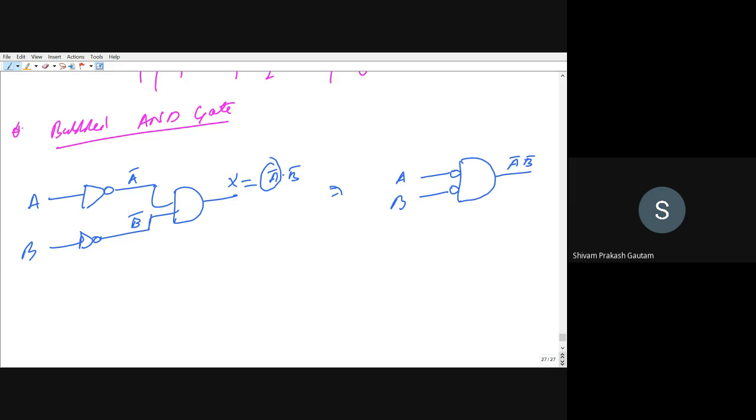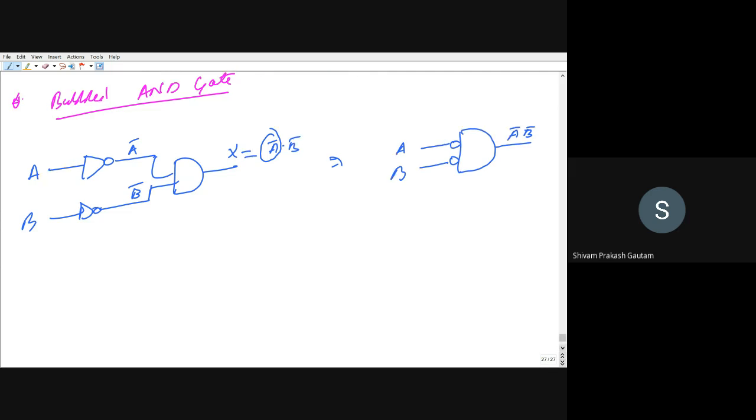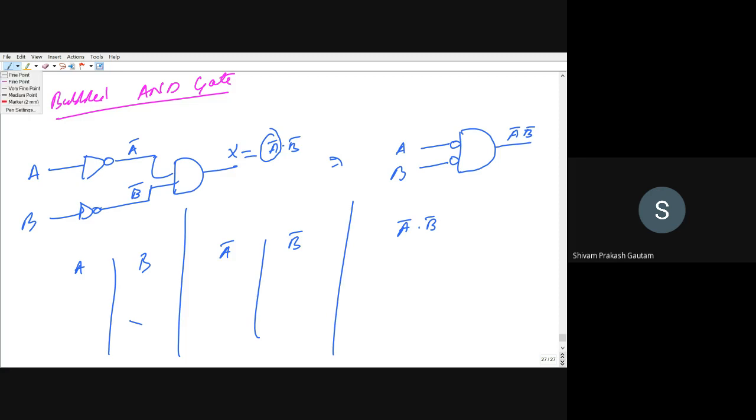Okay. Now we will see its truth table. This will be A, B, A bar, B bar, and then A bar dot B bar, or A bar multiplied by B bar. This is the input, this is the intermediate state, and this is the output.